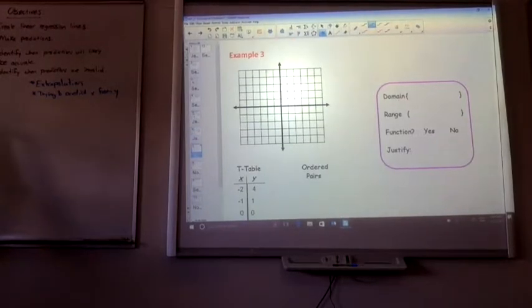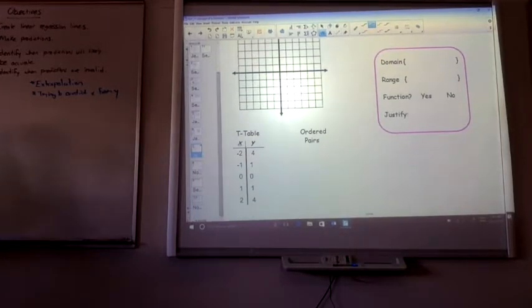All right. Oh, this one is a little bit different. So ordered pairs: negative 2, 4, negative 1, 1, 0, 0, 1, 1, and 2, 4. So the domain is negative 2, negative 1, 0, 1, and 2. The range is 4, 1, 0, 1, and 4.